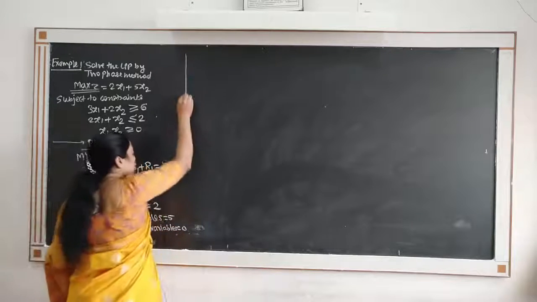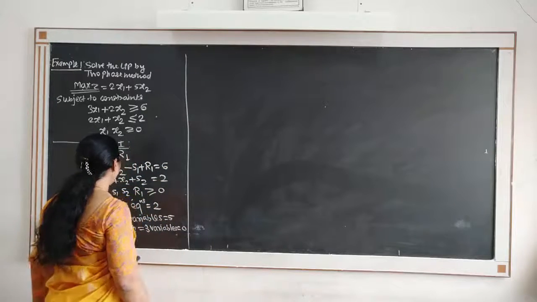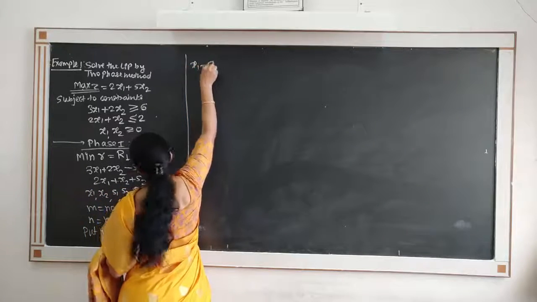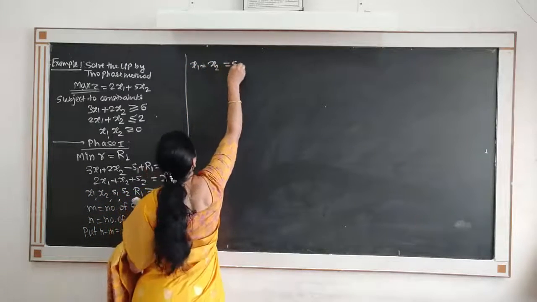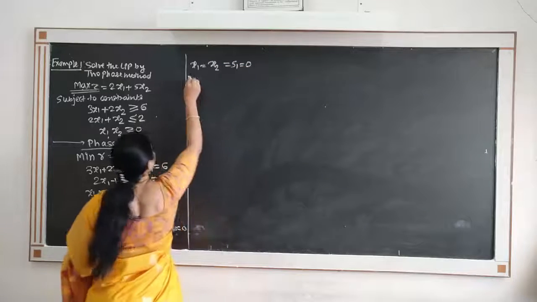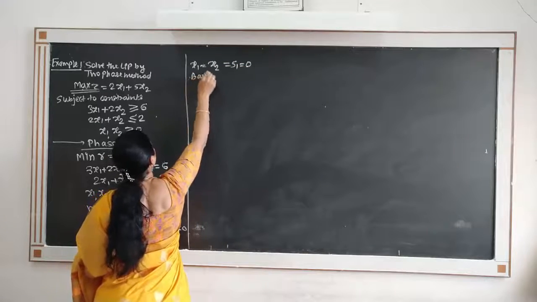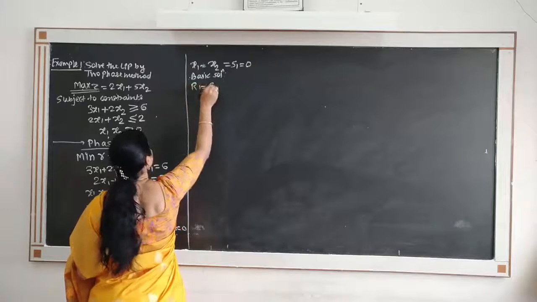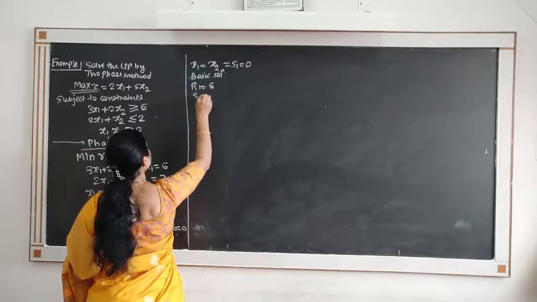So which variables are substituted to be 0? The variables x1 equal to x2 equal to s1 equal to 0, so that we get basic solution as r1 equal to 6 and s2 is equal to 2.